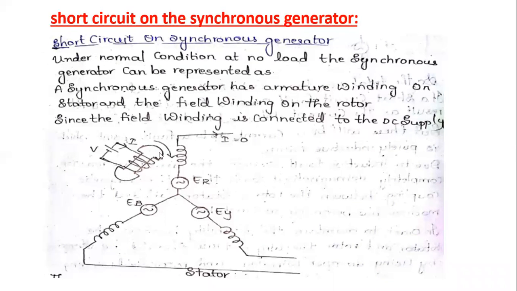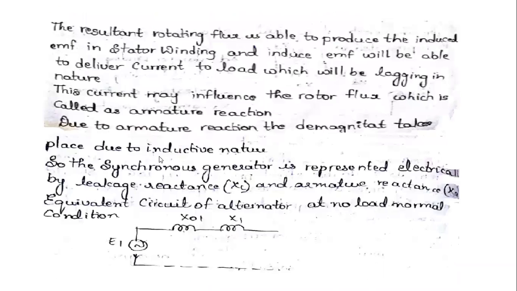In the rotor we connect the field winding and apply the DC supply. Therefore, the current I flows through this field winding.